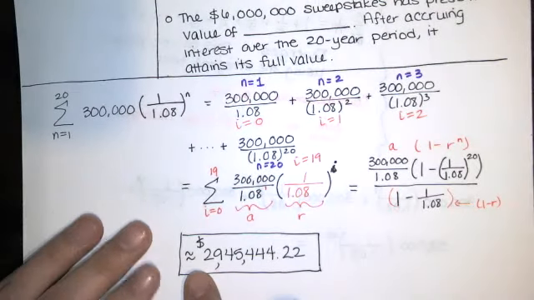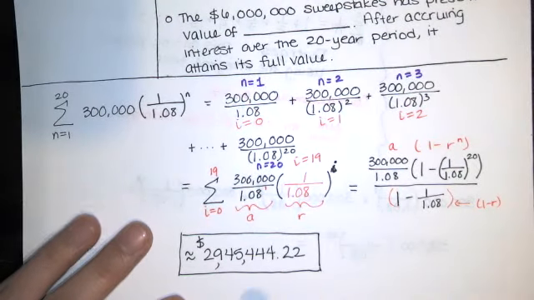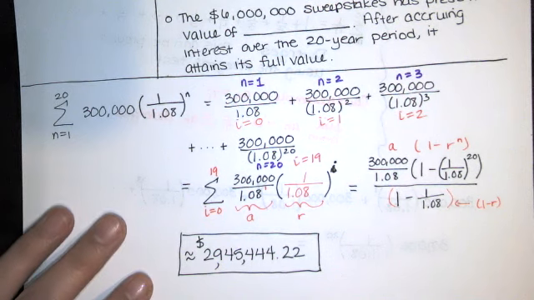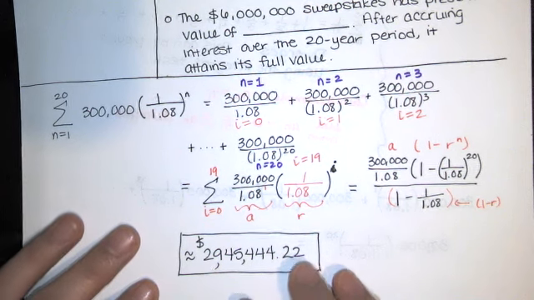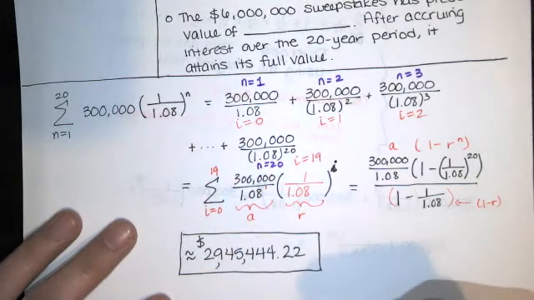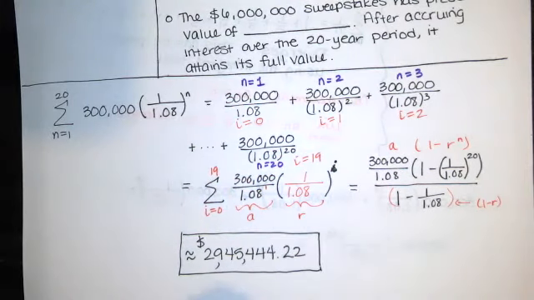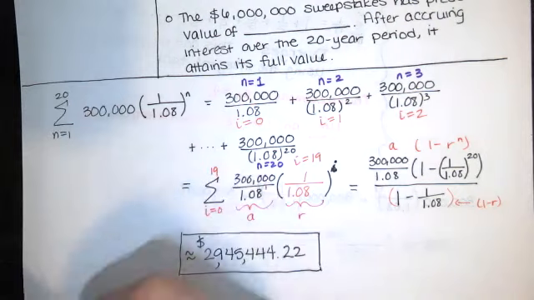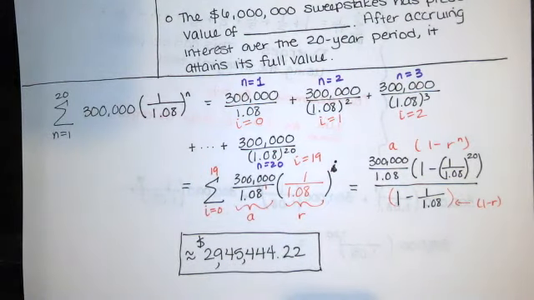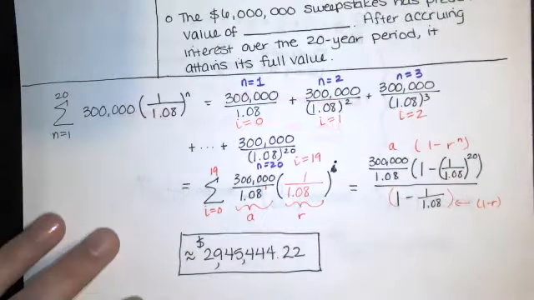But the fact that we are making these payments over a 20-year period allows us to give them $300,000 and then have what's left over accumulating 8% interest, and then give $300,000 the next year and have what's left over accumulating 8% interest, and so on.